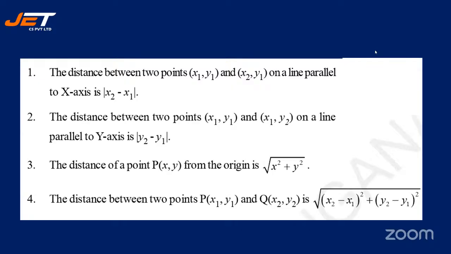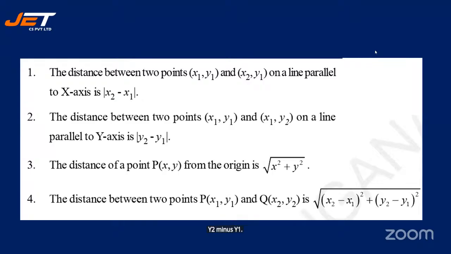All right, the first formula is the distance between 2 points x1, y1 and x2, y1 on a line parallel to x-axis is x2 minus x1. Next, the distance between 2 points x1, y1 and x1, y2 on a line parallel to y-axis is y2 minus y1.